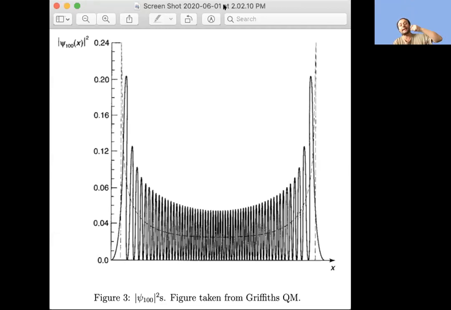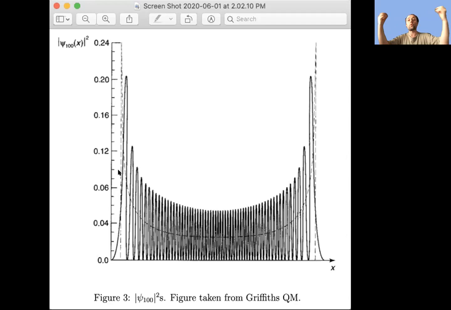And when you look at the average of that, you're going to get this dashed line. Hopefully you can see the dashed curve. And the dashed curve is a classical probability density. What do I mean by classical probability density? Well, it means if you have an ensemble of classical harmonic oscillators and you all start with different initial conditions, then you randomly catch one, you're more likely to catch it at the ends, because that's where the harmonic oscillator slows down.